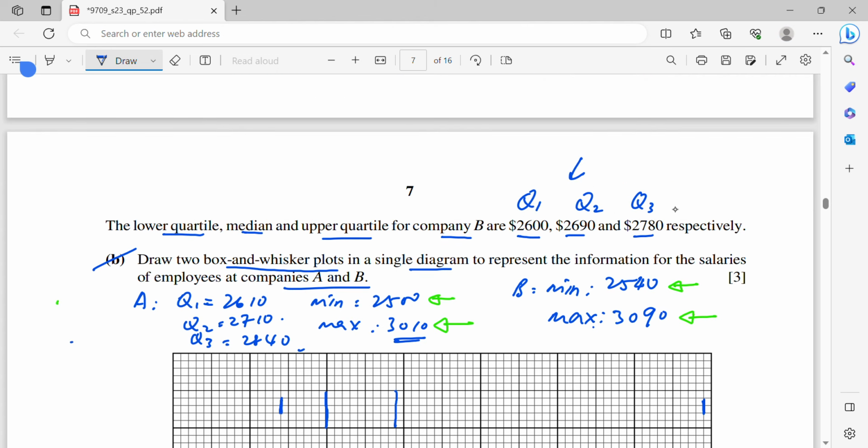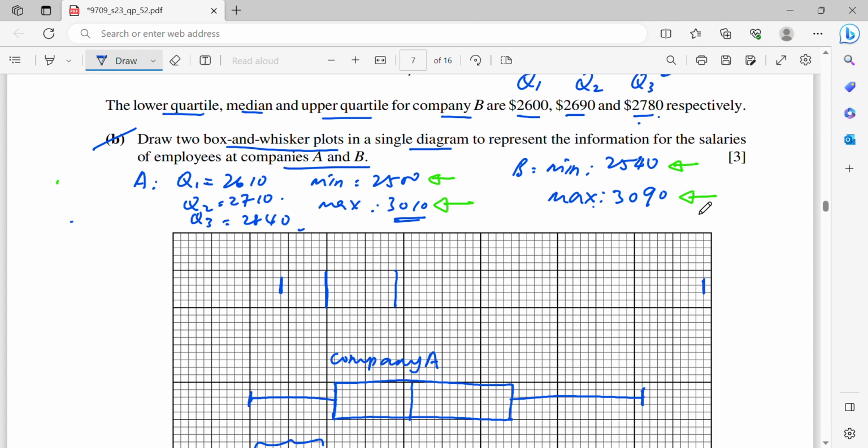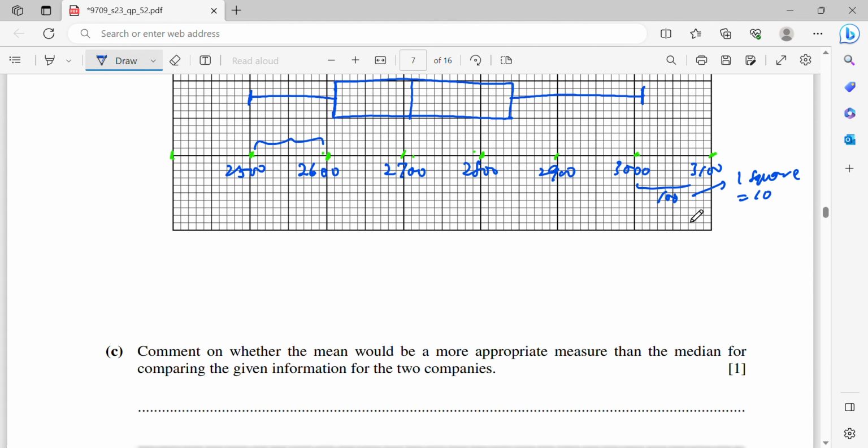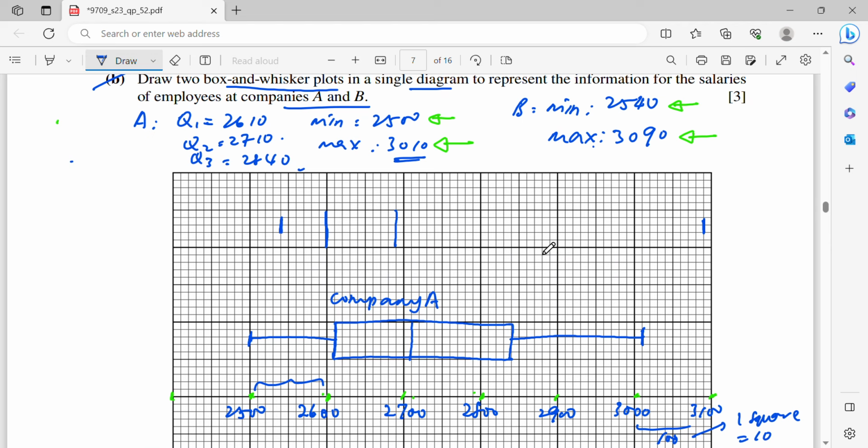Okay, lastly, it will be 2780, means that 8 squares after the 2,700. 8 squares. So 2,700, 8 squares.